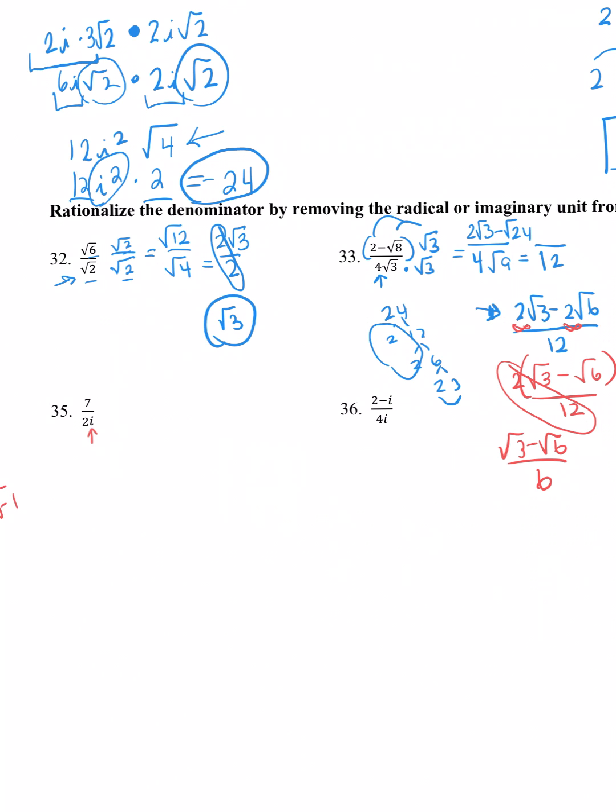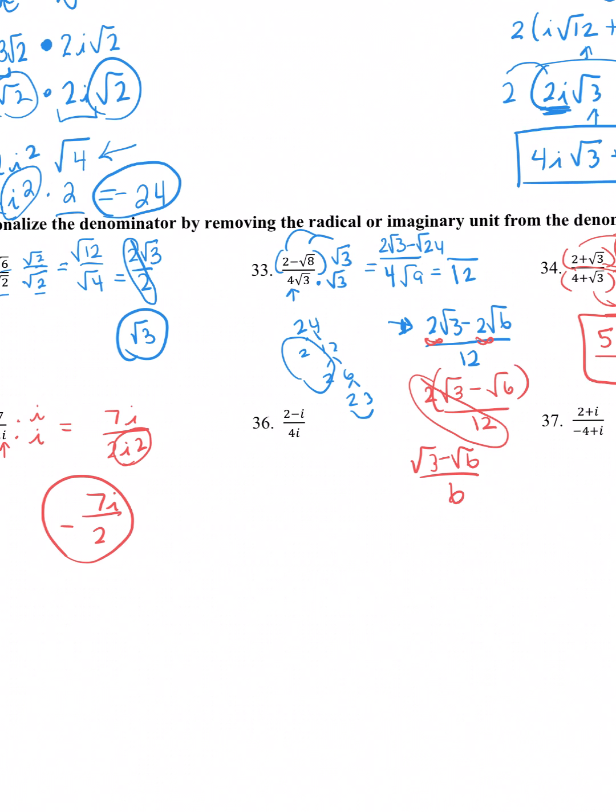We can't have a radical in the denominator, so we have to also remove the i. So I'll multiply top and bottom by i because it's not a quantity. That puts 7i on the top and 2i squared on the bottom. We know i squared is equal to -1, so that's going to make this our answer right there. Next one is truly exactly the same. You just ignore the 4, multiply by i, but this is a quantity. It'll have to be distributed.